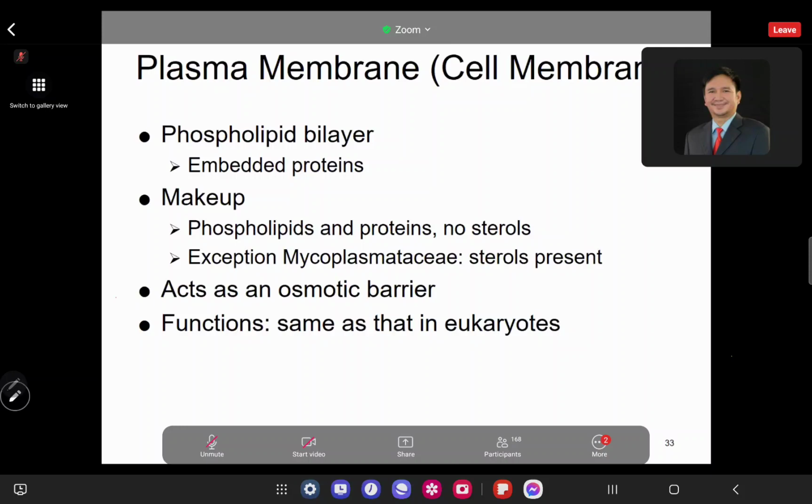Your plasma membrane is composed primarily of phospholipids and proteins with no sterols.